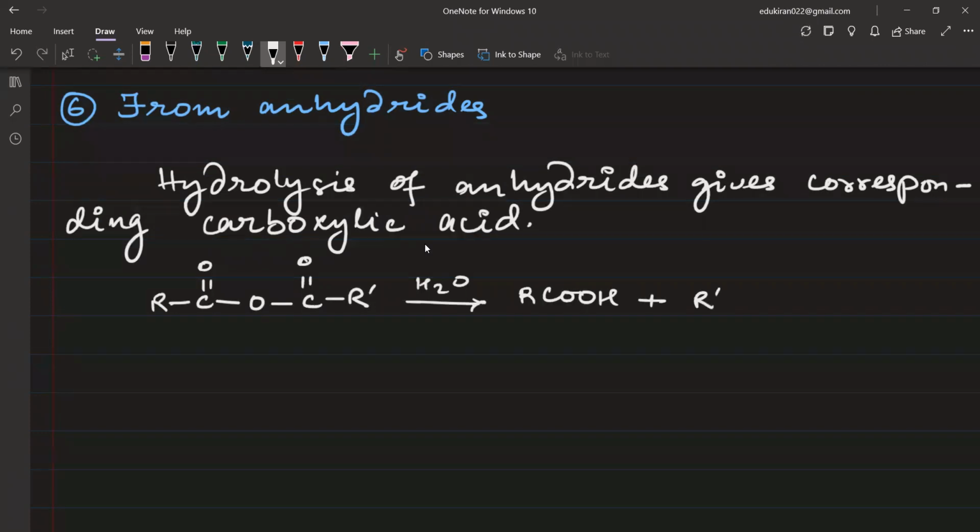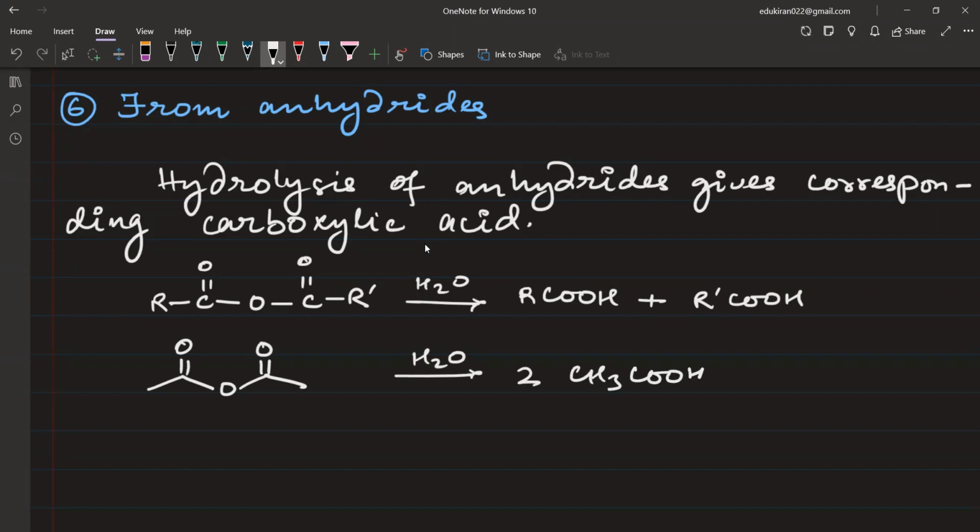For example, in this case, both the R are same, CH3 and CH3. Now again, adding water, it is going to give me CH3COOH. That means 2 moles of CH3COOH.